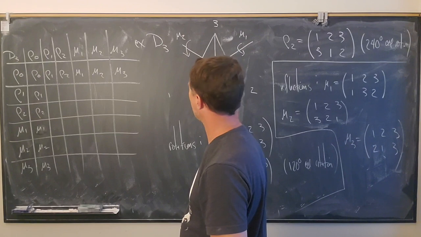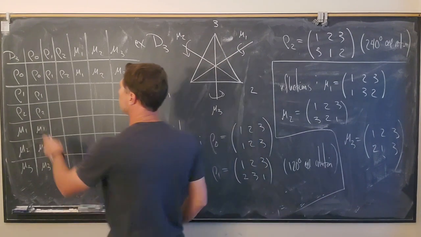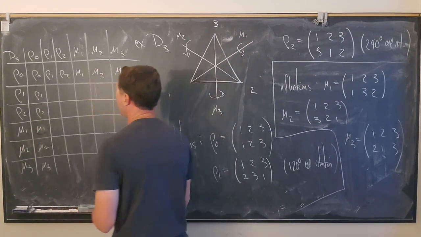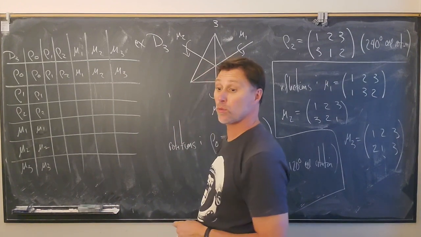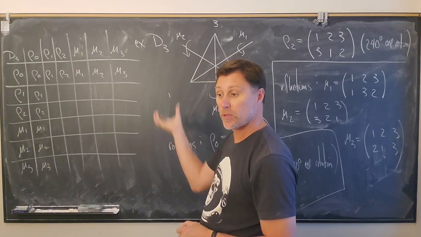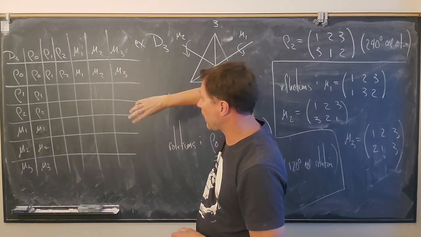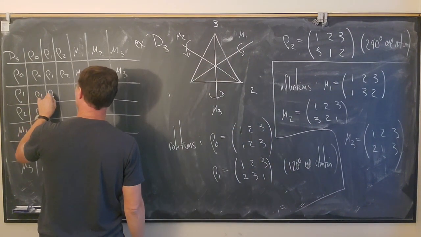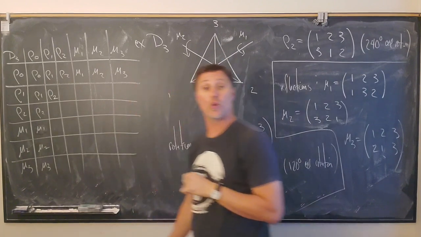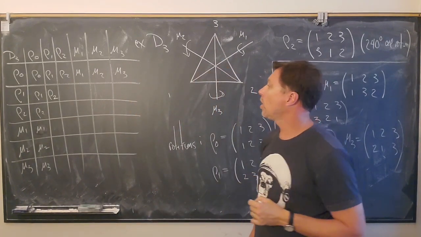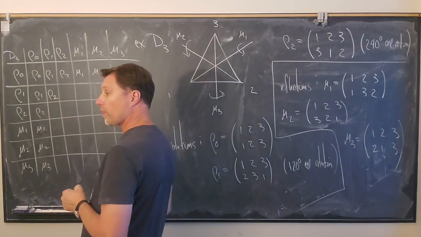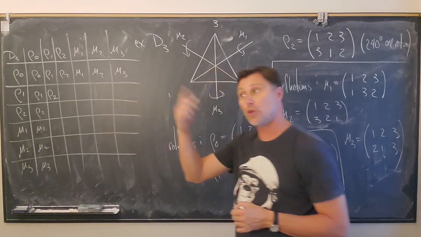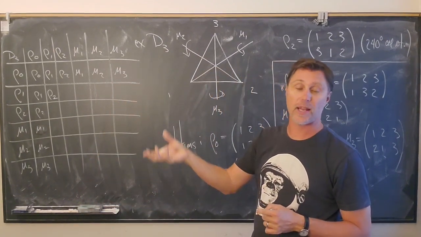Now let's figure out who this one right here is. Rho 1 times rho 1. What does that mean? It means rotate 120 and then rotate 120 again. So rho 1 times rho 1 is rho 2, the 240-degree rotation. Rho 2 times rho 1 means rotate 240 and then another 120.